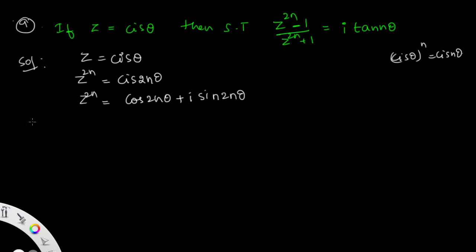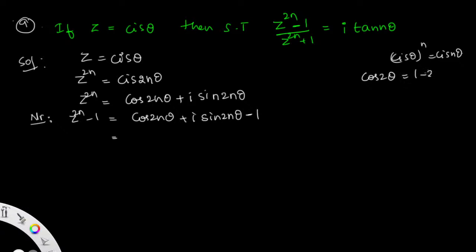Next, the numerator, that is z power 2n minus 1, that is cos 2n theta plus i sin 2n theta minus 1. Now for cos 2 theta, two formulas are there: in terms of sin, 1 minus 2 sin square theta, and in terms of cos, 2 cos square theta minus 1. These are trigonometry formulas we learned in first year.